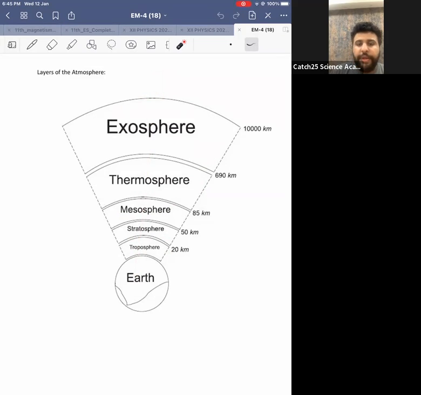And in the diagram, the important thing is the distance of each layer from the surface of the earth. So make sure you mark this distance properly. And once you're done drawing the diagram, put a dot. Then I will teach you about each layer. Start.